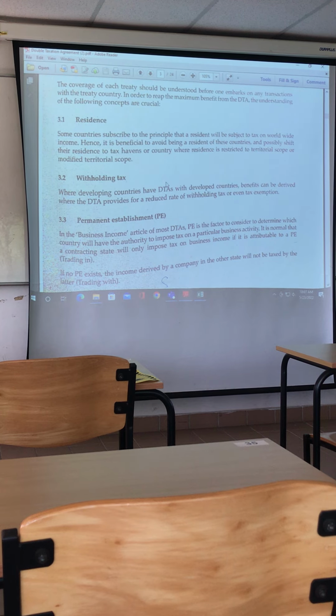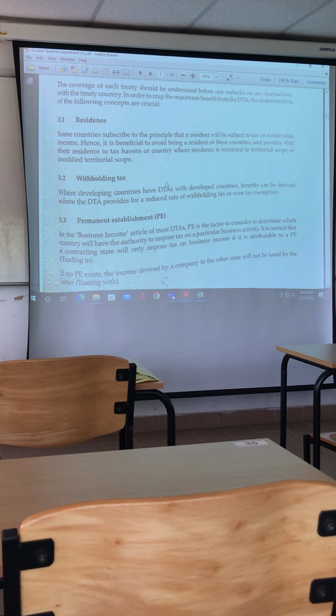But if there is a double tax agreement between the two countries, they may agree that royalty payment will be taxed at 8% or 5%. Normally, the double tax agreement will give a lower tax rate. It cannot be more than 10%. A double tax agreement will not have that kind of arrangement. It's either the same or lower.